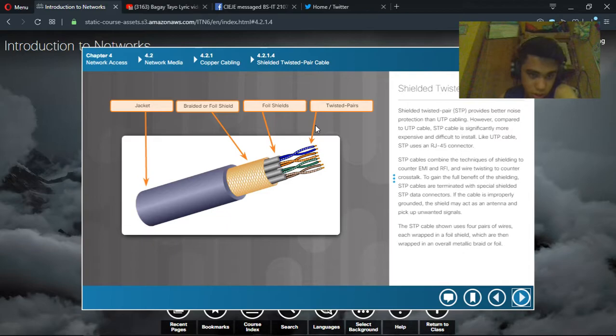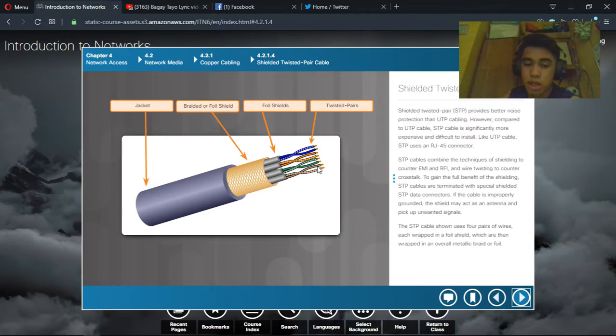The STP has a jacket which can protect the wires from being damaged from the outside, then a braided or foil shield to counter EMI and RFI, and a foil shield for the twisted pairs.